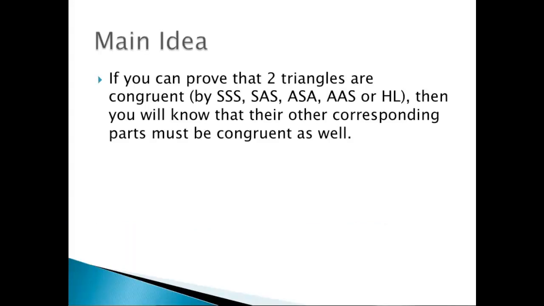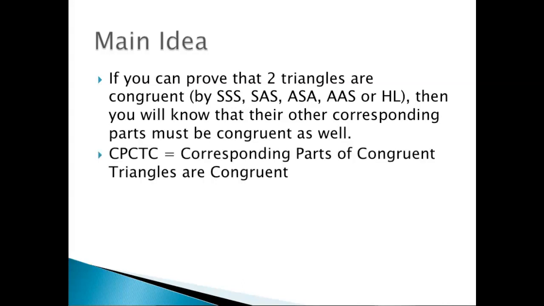If you can prove that two triangles are congruent, by any of those shortcuts we talked about last time, side-side-side, side-angle-side, angle-side-angle, angle-angle-side, or hypotenuse-leg, then you will know that their other corresponding parts must be congruent as well. The way that we shorten this phrase is CPCTC, which stands for corresponding parts of congruent triangles are congruent.